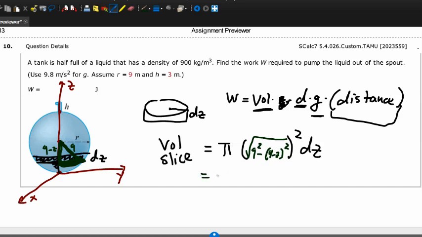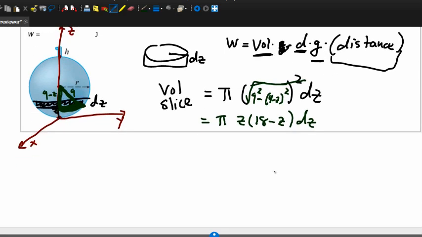What will be this expression? Pi will stay there, this 2 will cancel the square root, and here I have 9 squared minus (9 minus z) squared, which is nothing but z times (18 minus z) times dz. So this is the volume of that slice, which is one of the important parts of the problem.